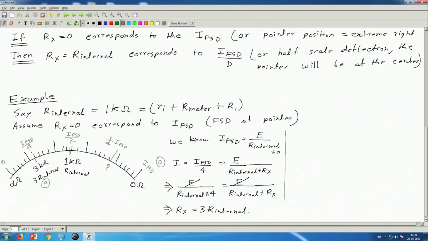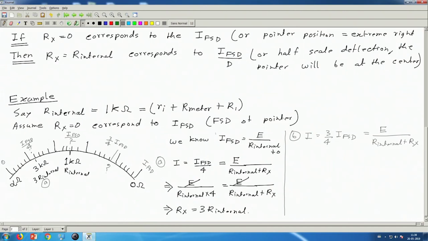Now for position B, let us do the similar calculation once again. It will also be our practice. For this position I is equal to 3/4 of full scale deflection current, and this is the same as E divided by R internal plus Rx.